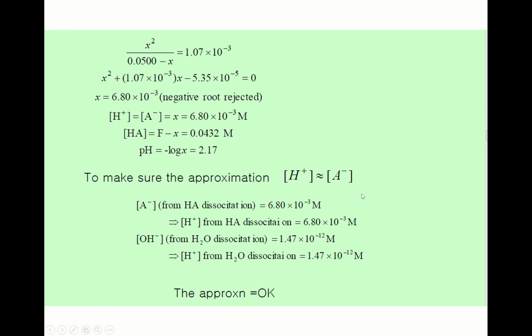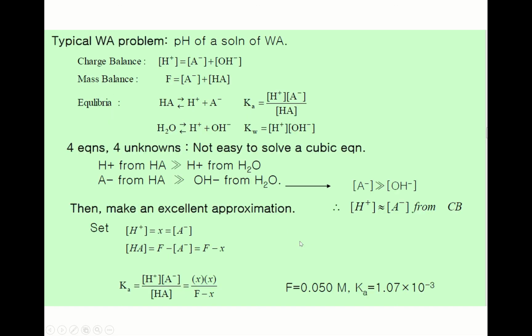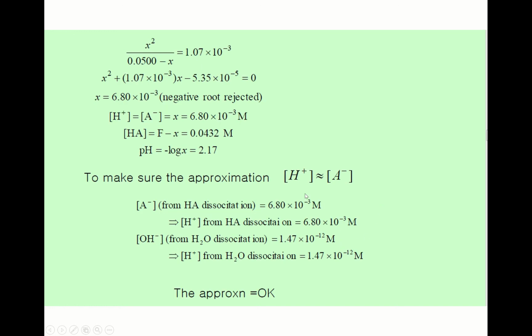What about the hydroxide ion concentration? Since we know the proton concentration, from Kw it is calculated to be 1.47 times 10 to the minus 12. Let's compare these two concentrations. The proton concentration is much higher than the hydroxide ion, so the hydroxide ion concentration is ignored. This approximation is a good one.